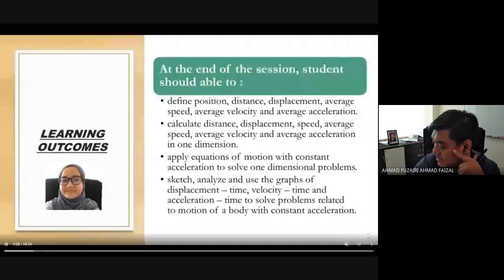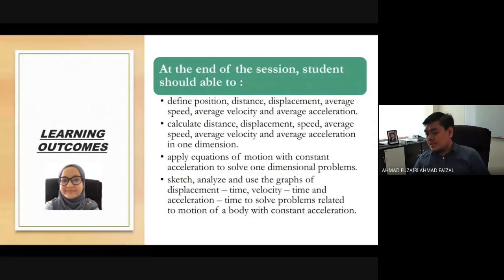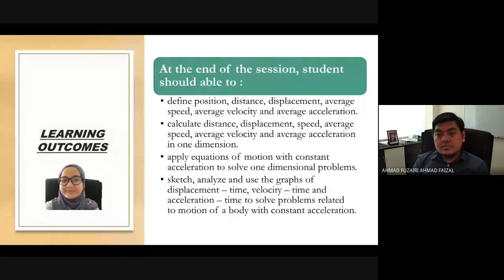Number 3, students should be able to apply 4 kinematics equations of motion with constant acceleration when solving problems. And last one, number 4, students should be able to sketch, analyze, and use the graph of displacement versus time, the graph of velocity versus time, and the graph of acceleration versus time when solving problems related to a body with a constant acceleration.